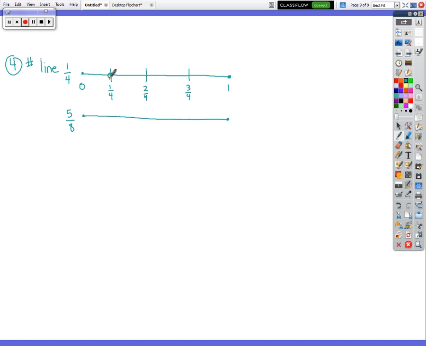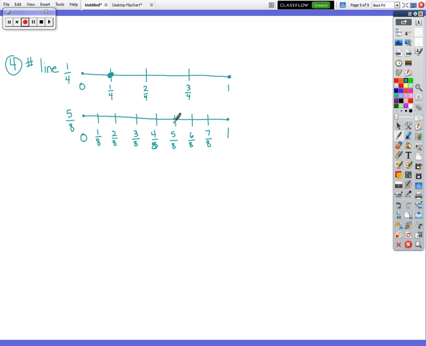So here's my 1/4. Now we have to split it into 8 parts, so I need 7 lines. 1, 2, 3, 4, 5, 6, 7. That's not too bad this time either. 0, 1. 1/8, 2/8, 3/8, 4/8, 5/8, 6/8, and 7/8.